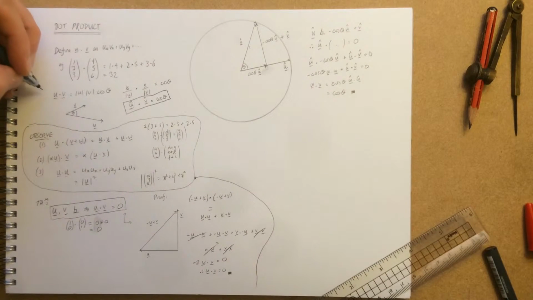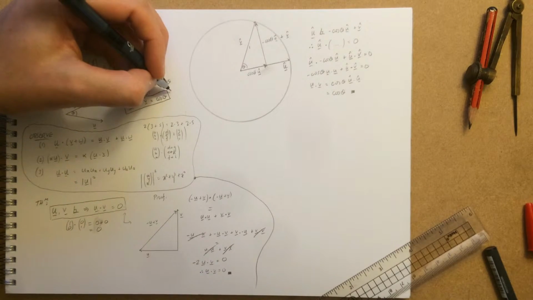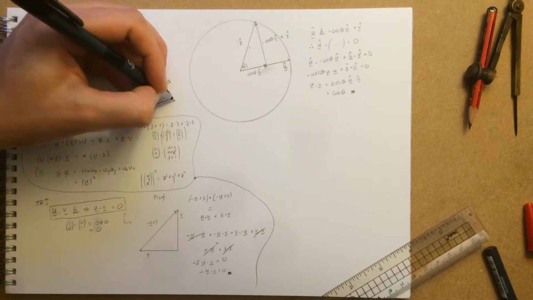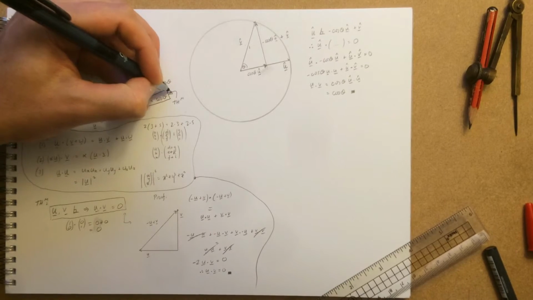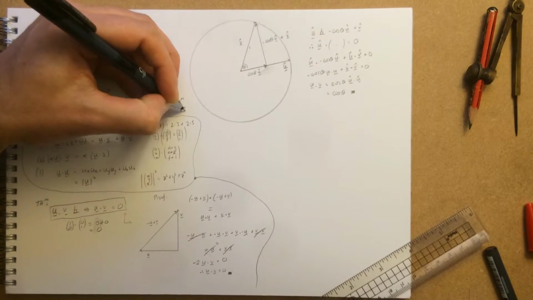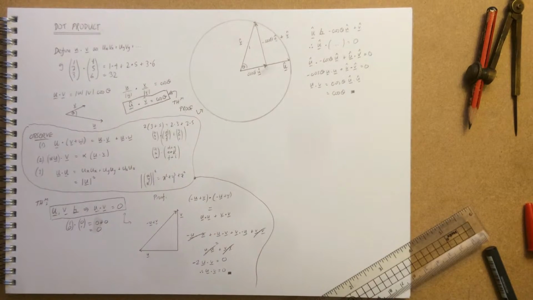So this was our theorem. And our proof was here. That's the dot product rule.